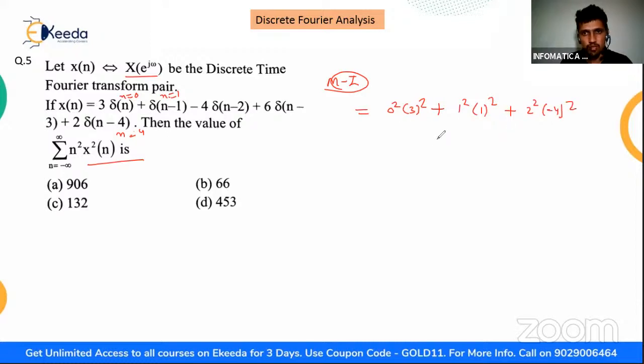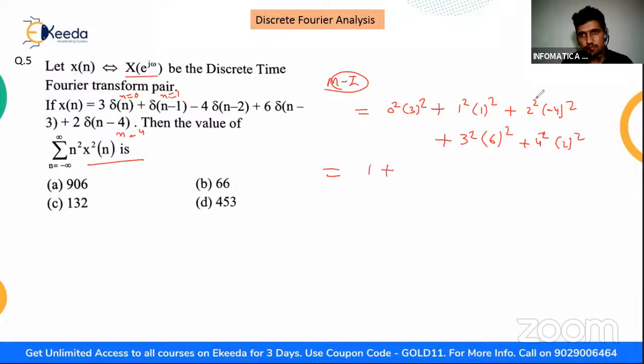Then next is 3 square, and the value of that is 6 square. Then again 4 square, and what is the value of the signal at n equals 4? It's 2. So we will simply say 2 square.